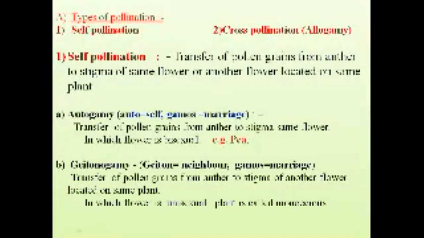In autogamy, the flower is bisexual. In geitonogamy, the flower may be unisexual, and this plant is known as monoecious. Then the second type of pollination is cross-pollination.